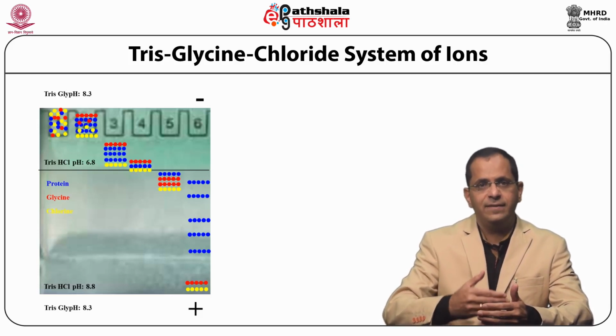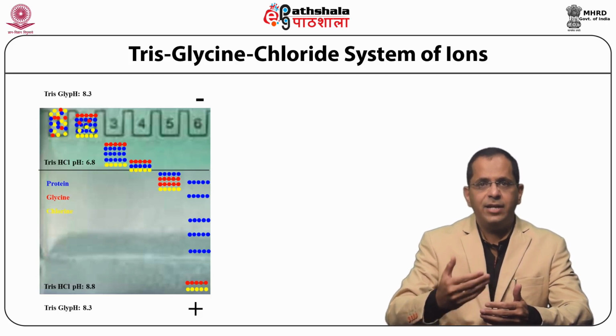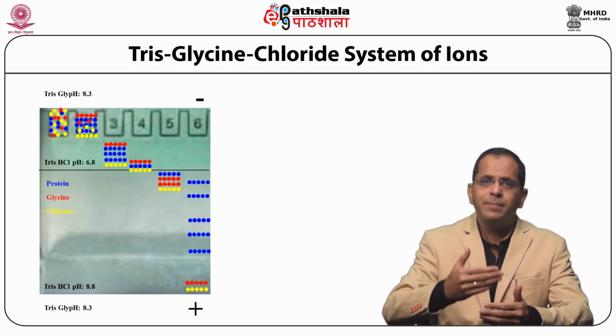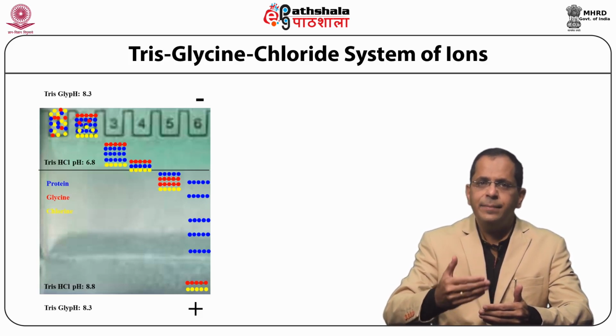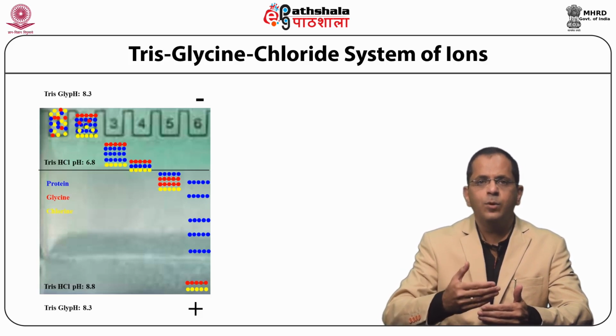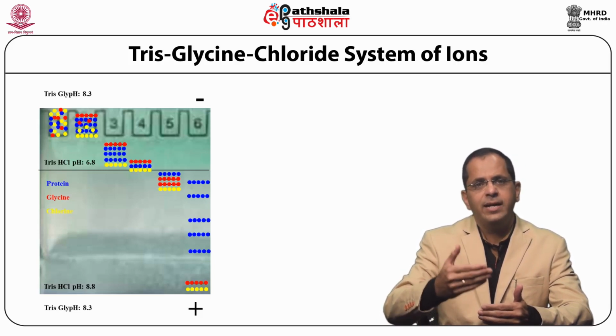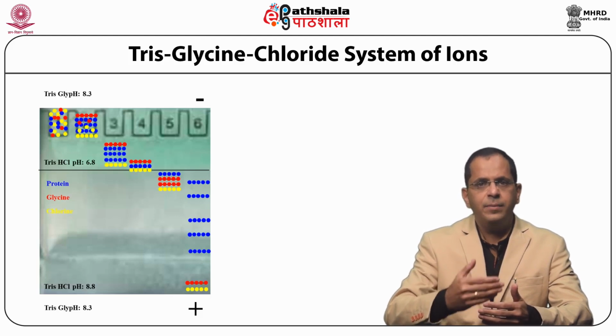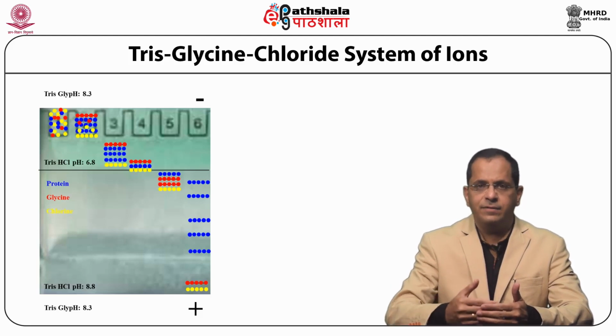Glycine, too, is negatively charged, and is the primary anion provided by the running buffer. It serves as a trailing ion due to its partial negative charge and remains behind the more highly charged chloride ions. The Tris base is the common ion present in both the gel and the running buffers.